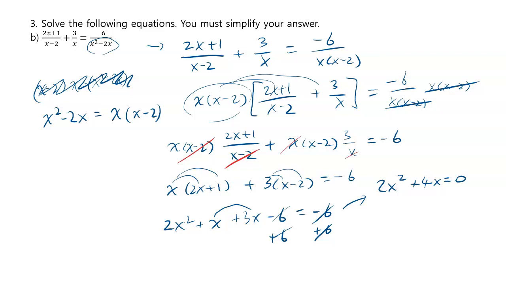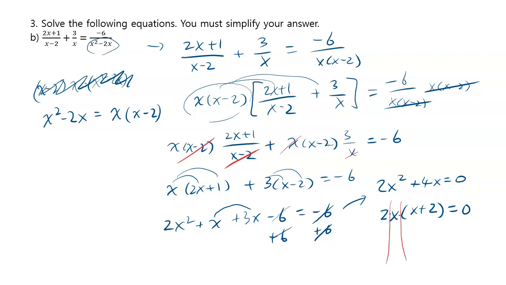And they're both divisible by 2x. So I'm going to factor 2x out. And the result is you get x plus 2 because 2 times 2x gives you 4x, right? x times 2x is 2x squared. So this is exactly the same thing as that. And for that to be equal to 0, and you have a bunch of things multiplied, at least one of them has to be 0.